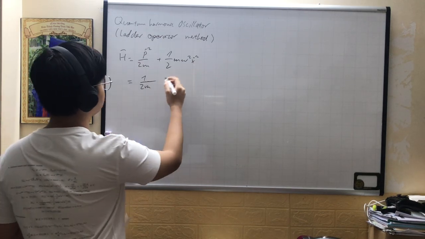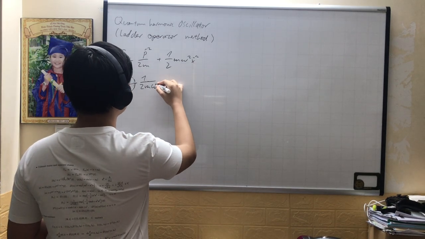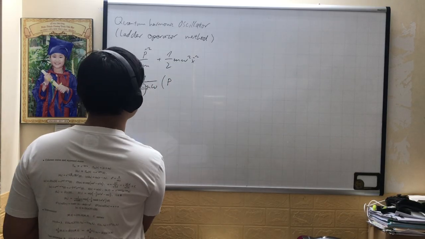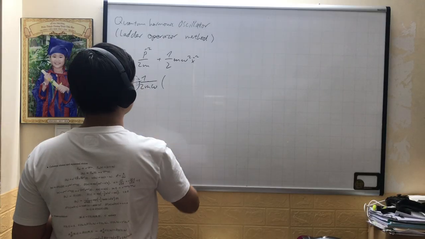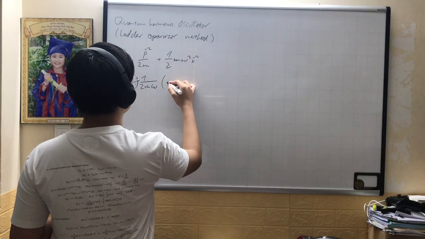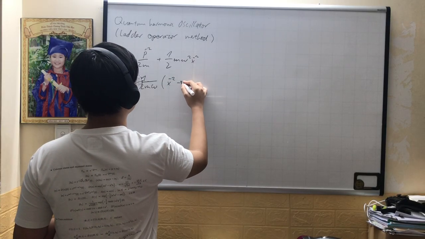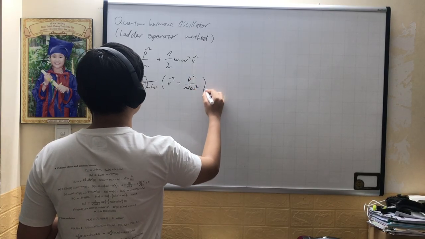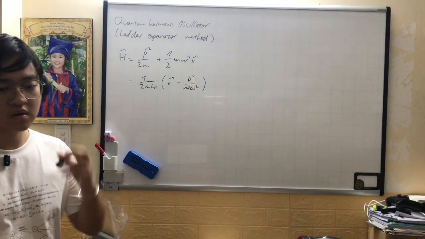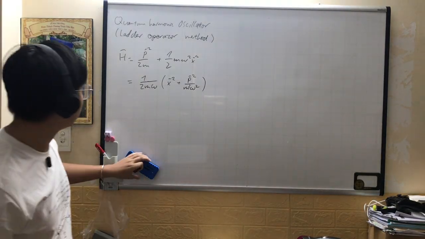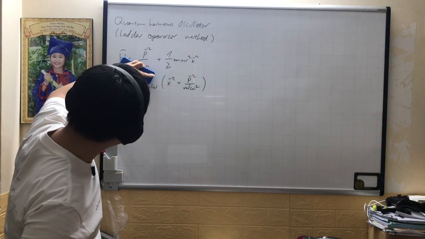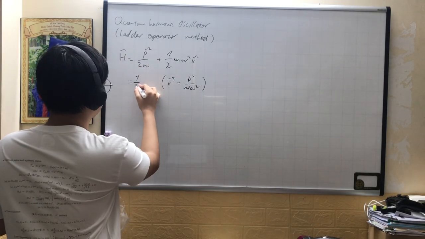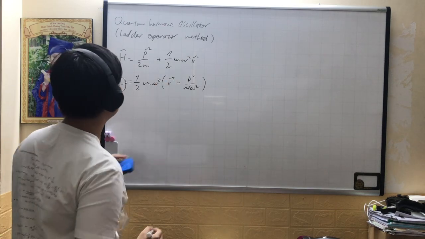You isolate the operators and get an x squared plus p squared over m squared omega squared, with a factor of 1/2 m omega squared. Sorry.